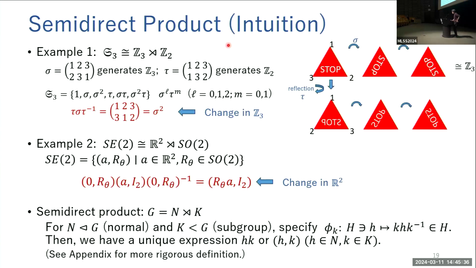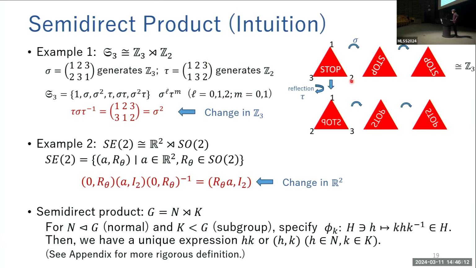The formal definition is slightly involved, so I'm going to explain the semi-direct product somewhat intuitively. Let's use this example. We have seen several times the symmetric group S3, and they are actually the semi-direct product, not a direct product, between Z3 and Z2.